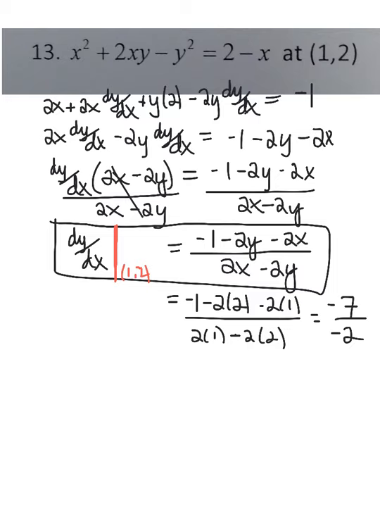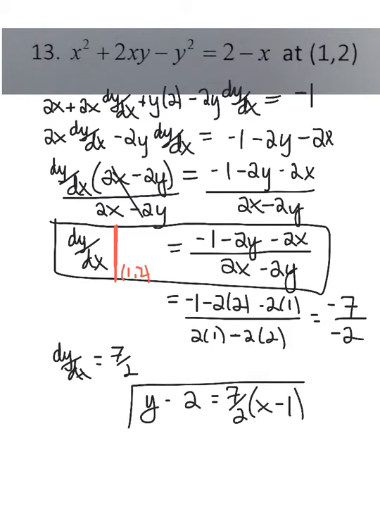So I know then that my slope, my dy/dx, evaluated at that point, is going to be 7/2. All right, so then I just do y minus y1 equals the slope times x minus x1. And that's it.